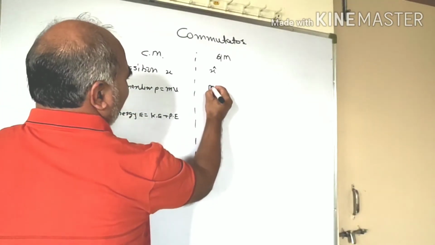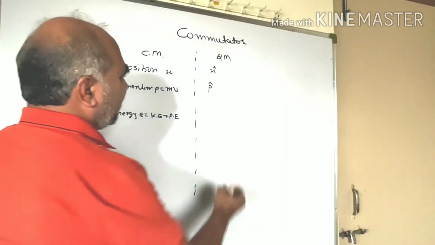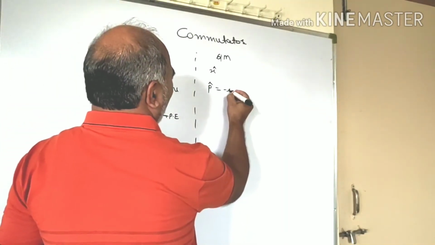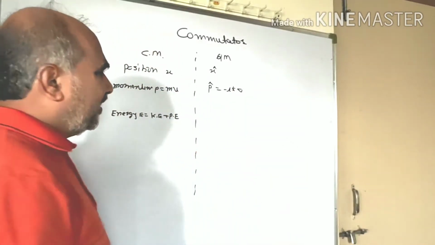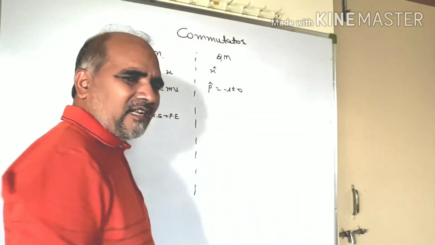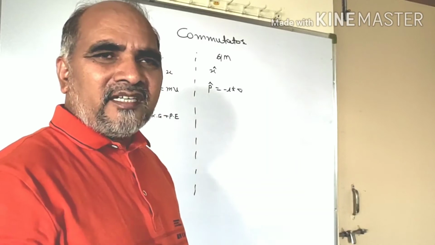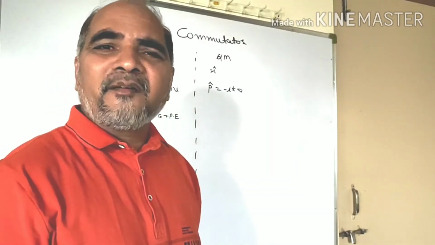The momentum operator is P cap, which is equal to minus i h cross del, where del is the operator delta by delta x plus delta by delta y plus delta by delta z.